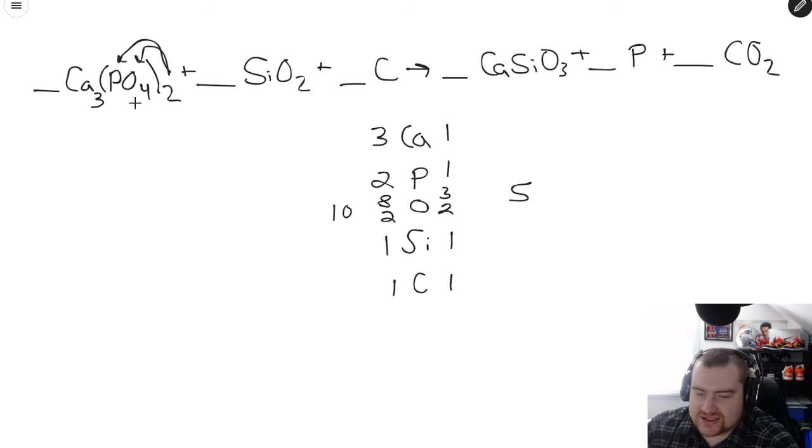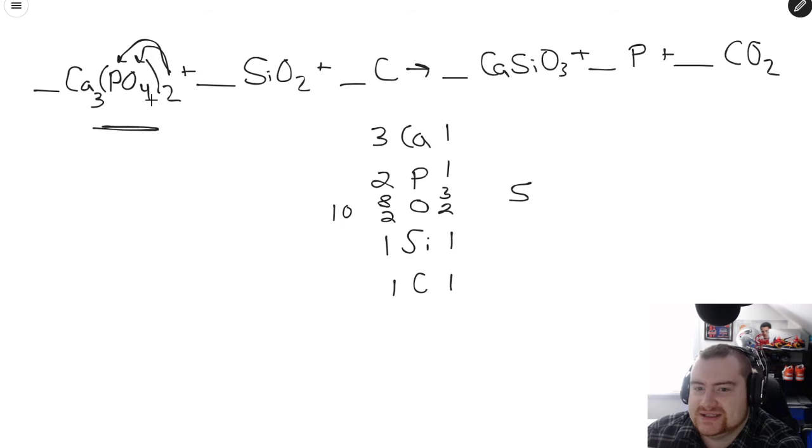So, we're going to start with the calcium phosphate because there's 3 calcium, 2 phosphorus, and 8 oxygen. This has the most elements, so we're going to start there. This isn't just as easy as saying, okay, there's 5 oxygen and 10 oxygen, and we're going to multiply by 2. Because the oxygen are split up, it makes this a little bit more tricky.